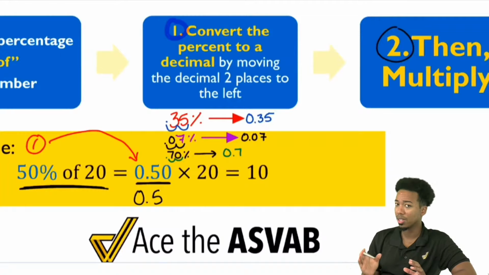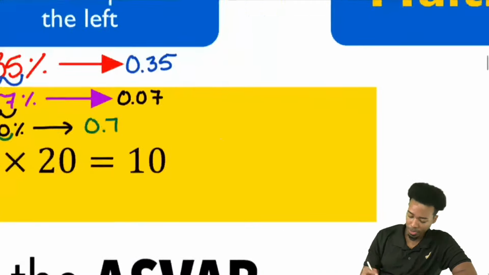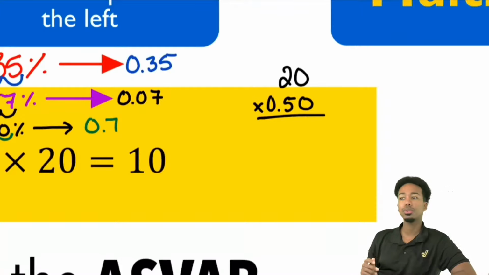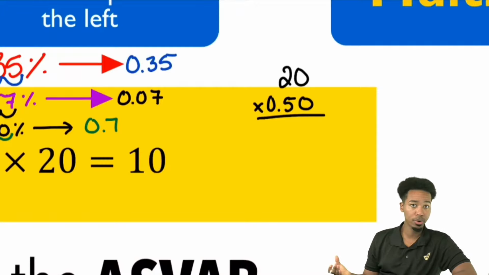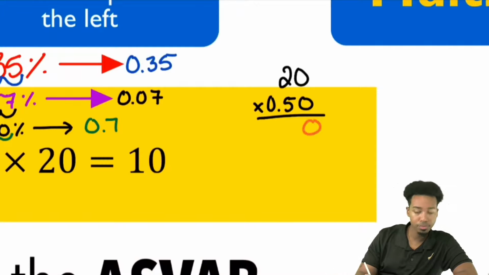I want to make sure I iterate that the right way because when we multiply, let's show both ways here. Let's say I'm doing 20 multiplied by 0.50. Let me show you why knowing that is pretty important. Right here, 0 times 0 is 0. Then 2 times 0 is 0.